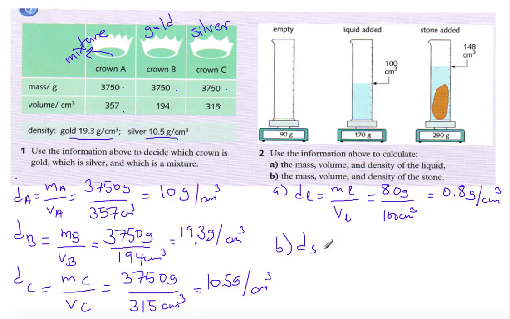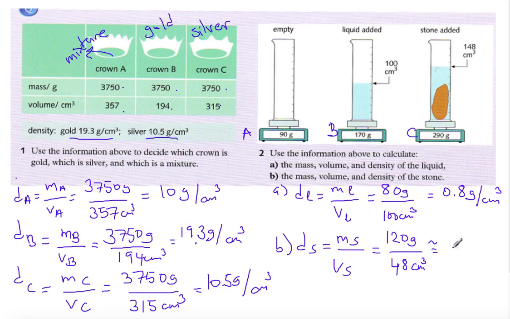So let us look at the stone. Density of stone equals mass of stone out of volume of stone. Let us call them scale A, scale B, and scale C. The difference between scale C and scale B gives the mass of stone, which is 120 gram, out of volume increase from 100 to 148 centimeter cube.